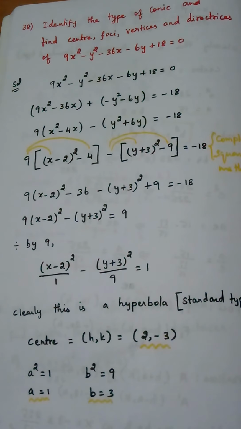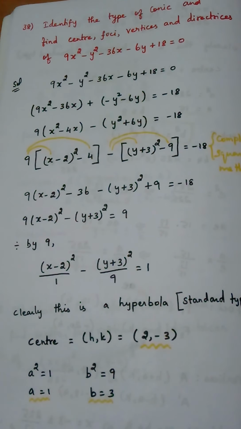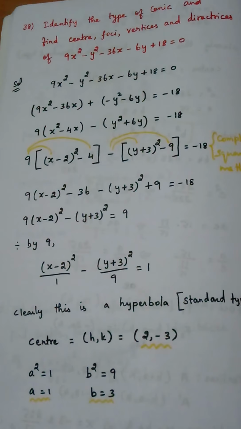Before going into the problem, one student texted me that in problem number 28, we have committed a mistake, sir. When I went through problem number 28, yes, we have committed a mistake there. What mistake?